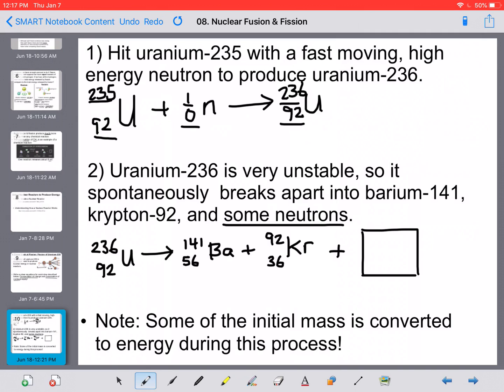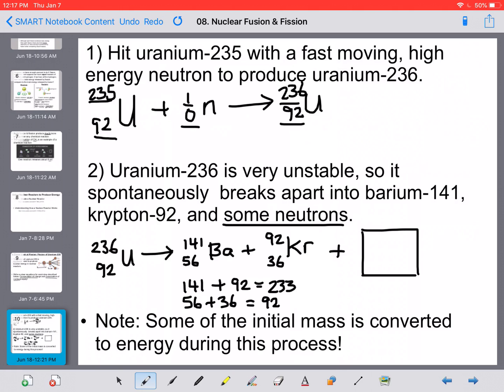So we're going to do conservation of nucleons. So 141 plus 92, that is equal to 233. And then on the bottom, 56 plus 36, that is equal to 92.